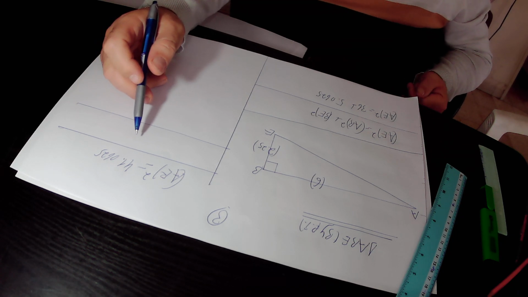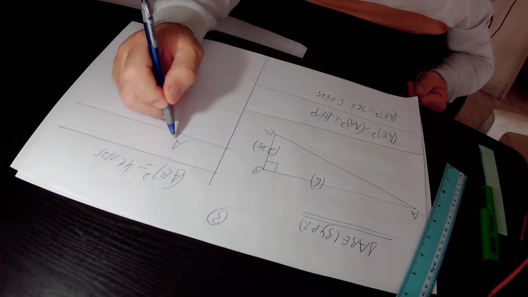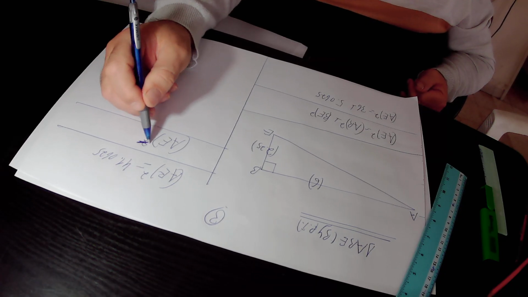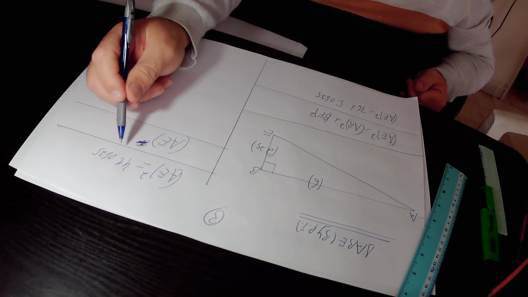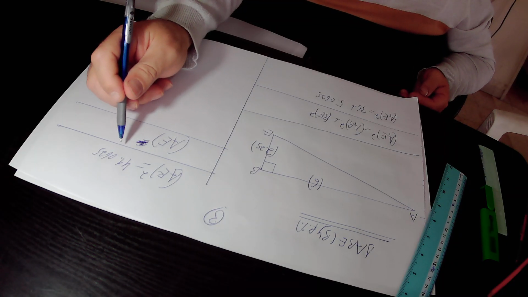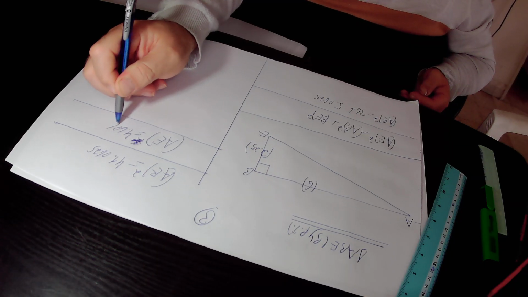Here we take the root of this equation and finally get that the missing line segment AE, the line segment we are looking for in this question, equals the square root of 41.0625, and the square root of 41.0625 is 4.608.